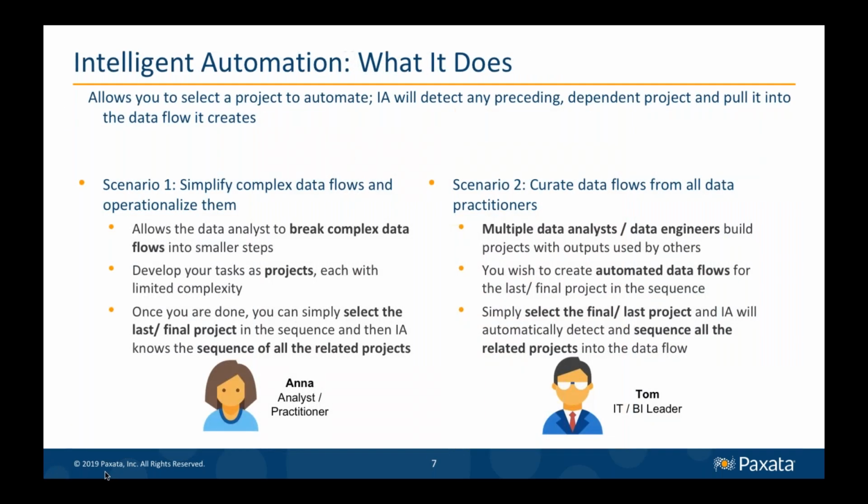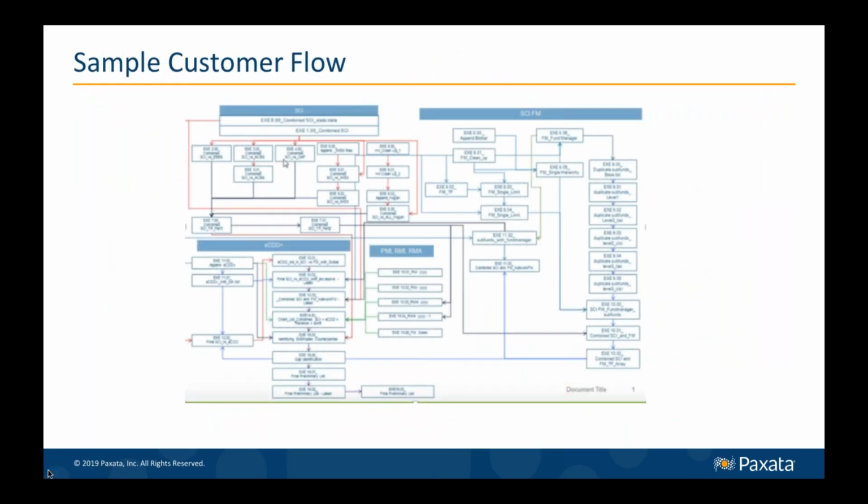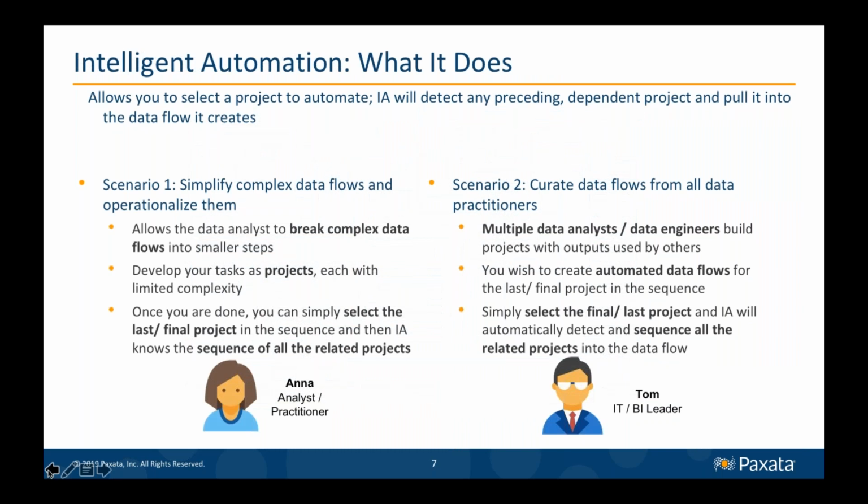And if we move forward, let's take a look into what intelligent automation can do for you. If you're a business analyst or a data engineer, the intelligent automation allows you to break down complex data preparation exercises into smaller, manageable projects. Perhaps you can collaborate with another team member that could build some of these projects that are related. You could use the interactive data preparation interface to build out these projects.